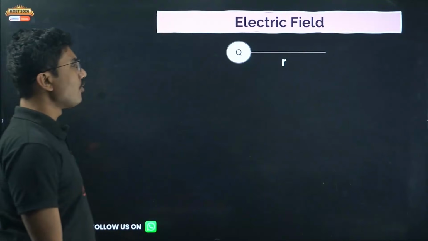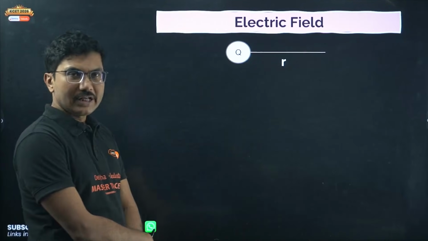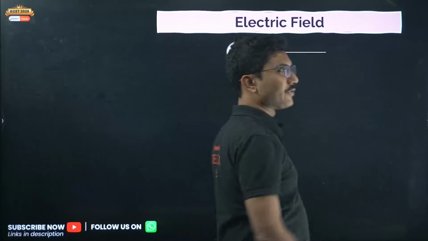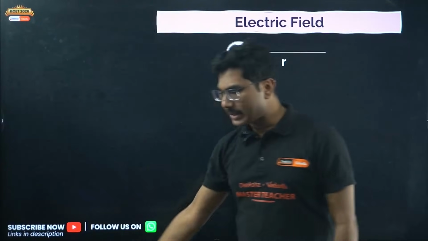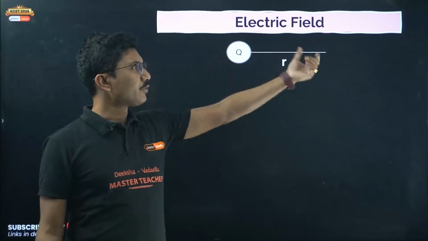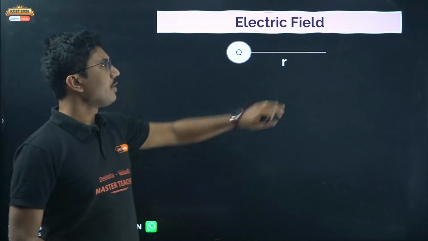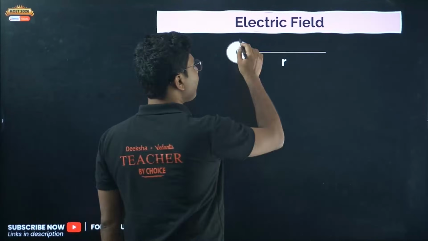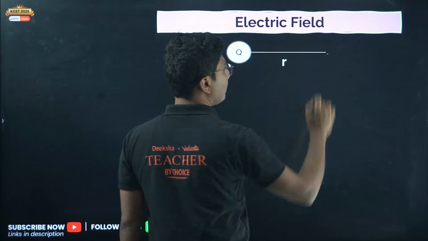Now let's move on to electric field. So what is electric field? In the previous case, we have seen two charges, Q1, Q2. Now we have two charges, capital Q and small q. Now if you remove the small q charge, will there be any effect of this capital Q charge left over here?